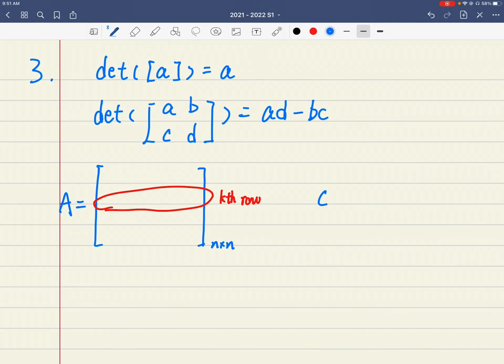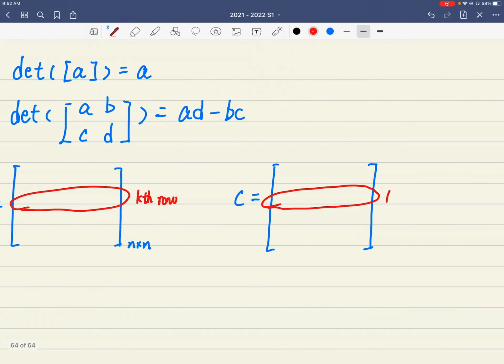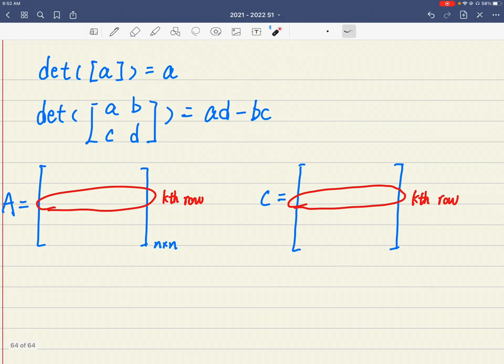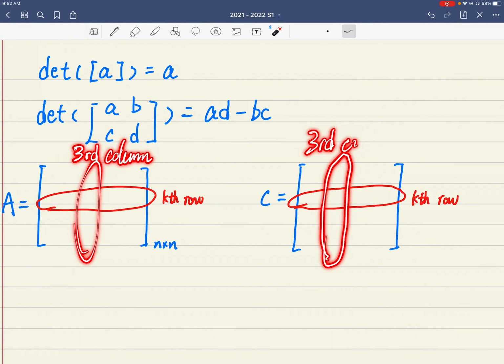After you pick that row or column, you just need to get the corresponding row or column of the cofactor matrix. If you pick the kth row, you get the kth row of the cofactor matrix as well. If you pick, say, the third column, then you get the third column of the cofactor matrix as well.